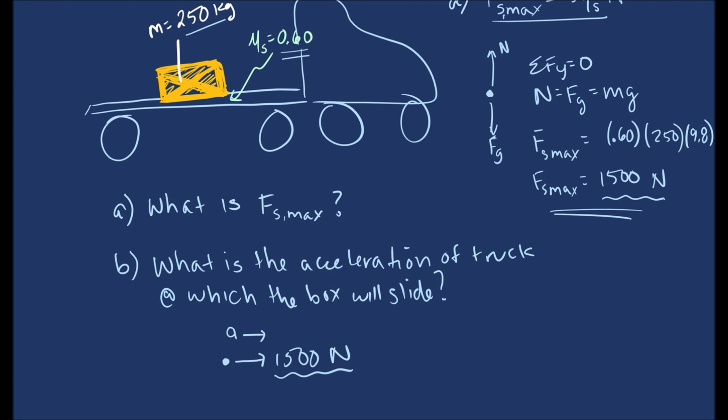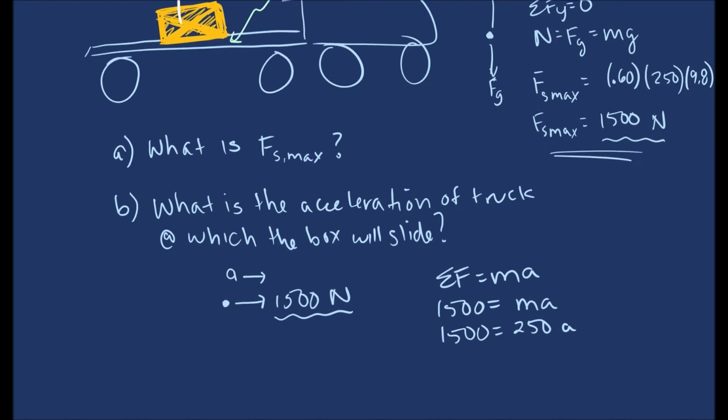So we can plug into Newton's second law, and we have 1,500 newtons equals m times a. We know the mass of our box is 250.